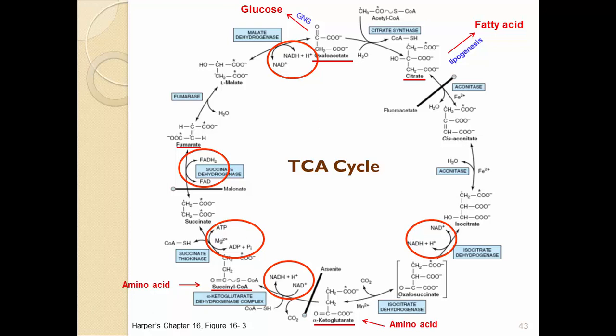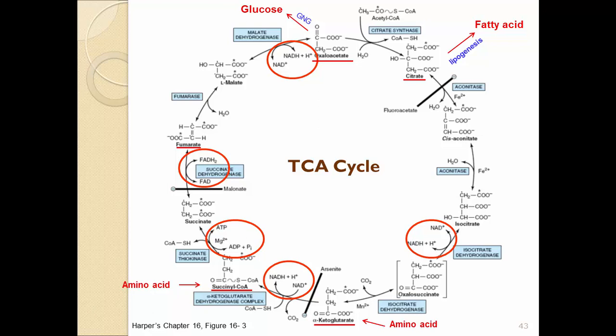And the other thing I wanted to mention is that the TCA cycle is very important to connect all three macronutrients' metabolism, right? The fatty acid synthesis I already mentioned. This is very important, try to remember this. This is a pathway that converts glucose to fatty acids if we consume too much glucose.